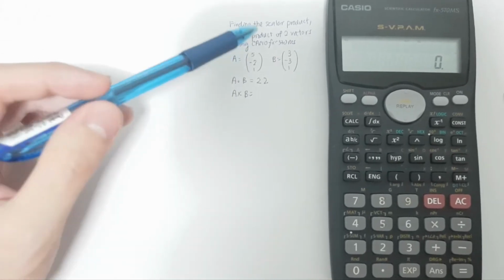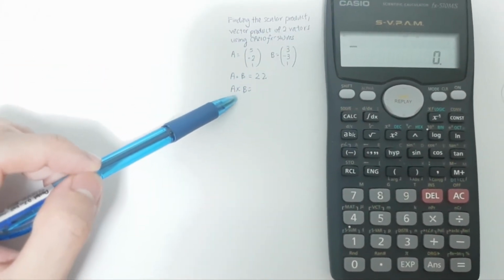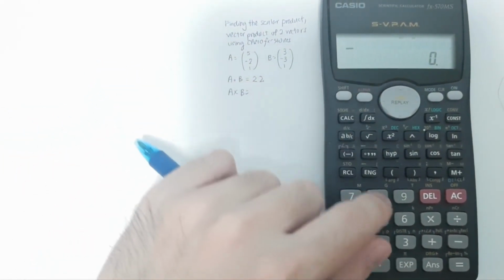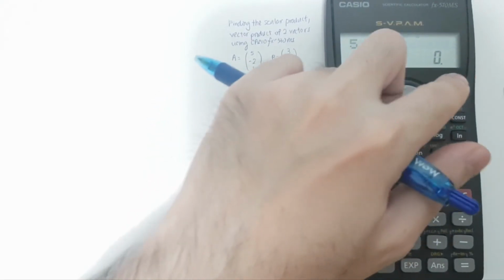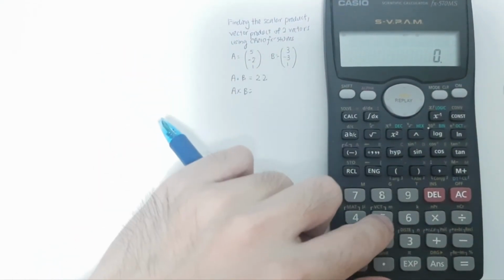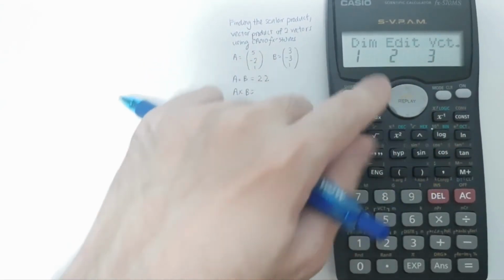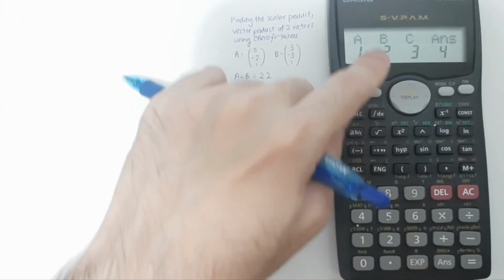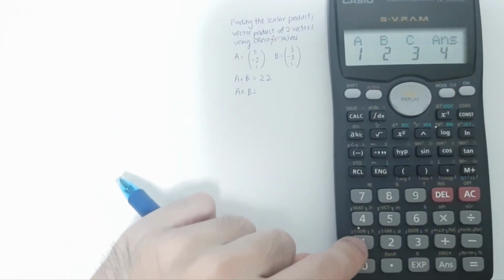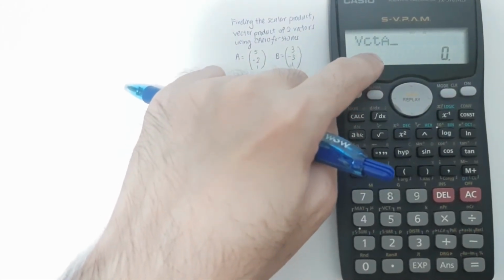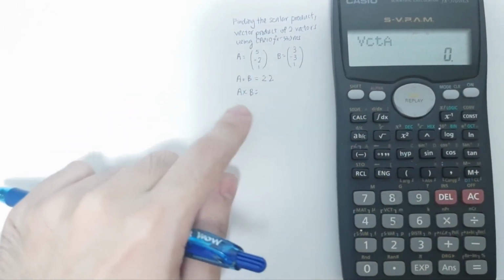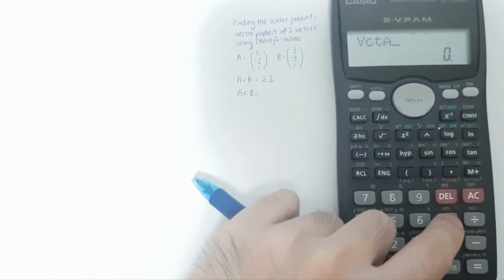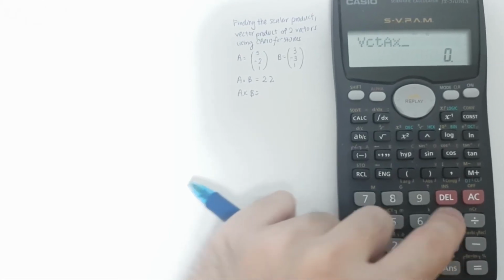To compute the vector product of the two vectors, which is A cross B, we press Shift first and then 5, which represents the vectors. Then we go to vector by pressing 3 and then we press 1 to include vector A. The next thing we do, in order to include the cross sign, is press the multiplier sign down here.